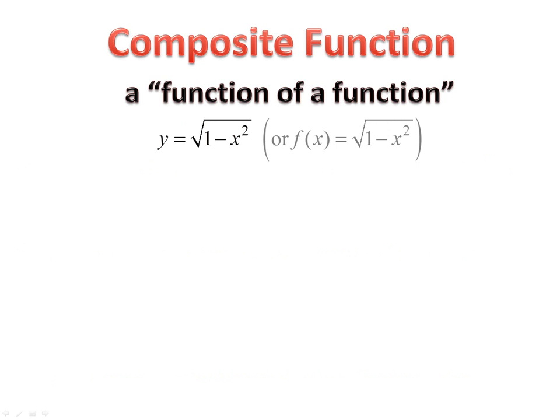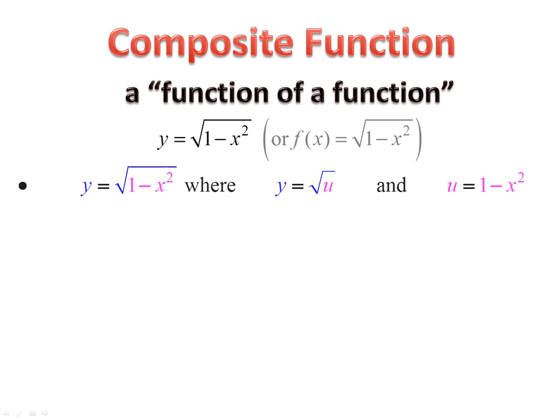Right, next one. y equals the square root of 1 minus x squared, or f of x equals the square root of 1 minus x squared. I think it's fairly easy to see what the outside is, because it's sitting inside a housey, the square root sign.